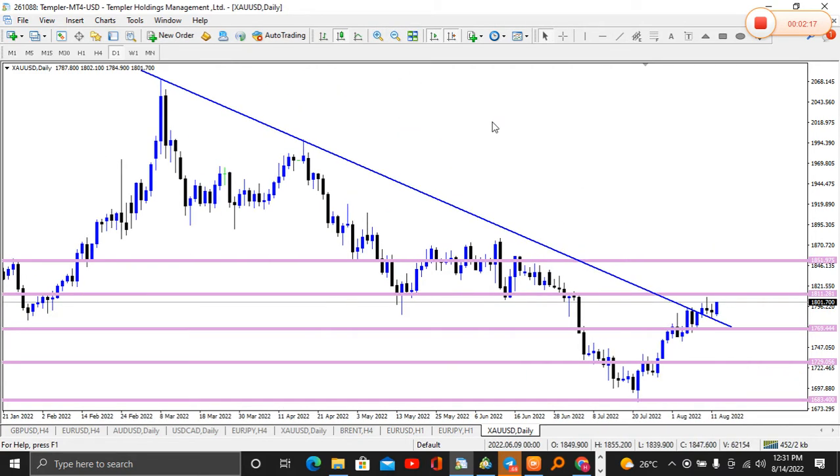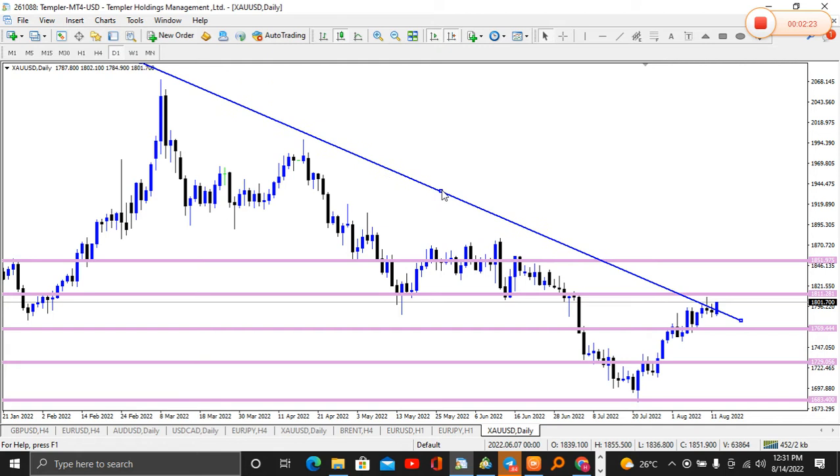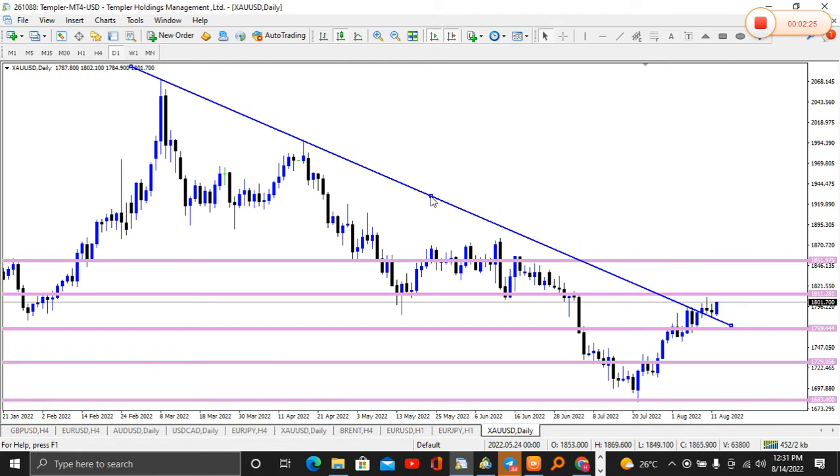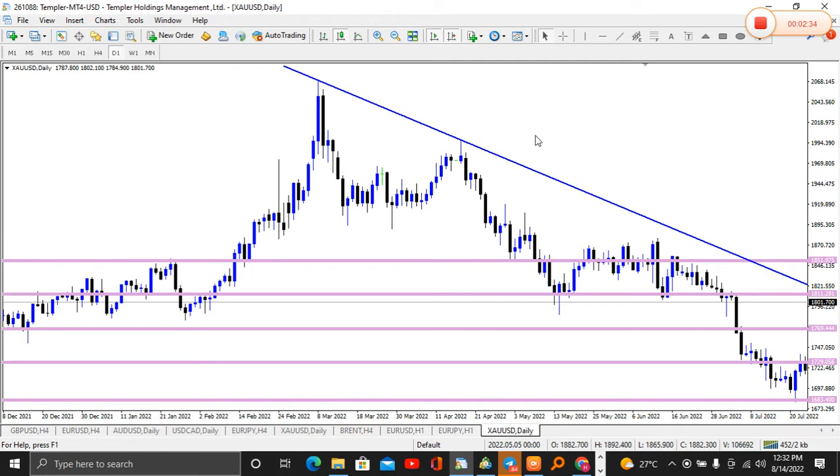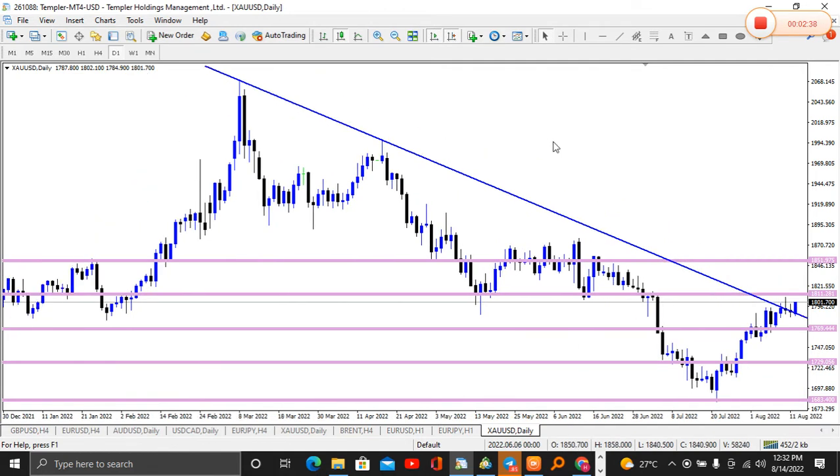You see, this is our resistance trend line. We connect the recent lower highs, and when you're drawing trend lines, make sure that you get at least 2 to 3 points to confirm that your trend line is on point.